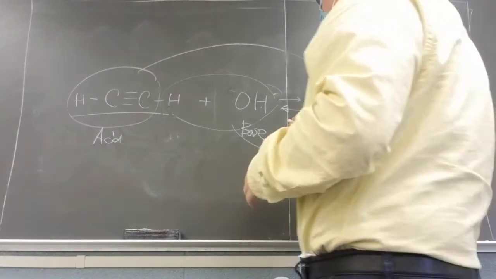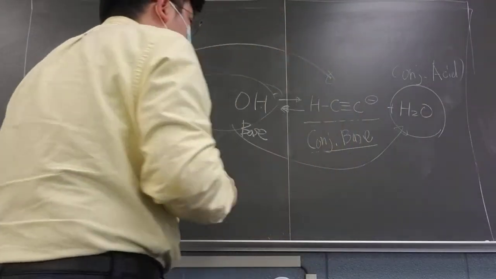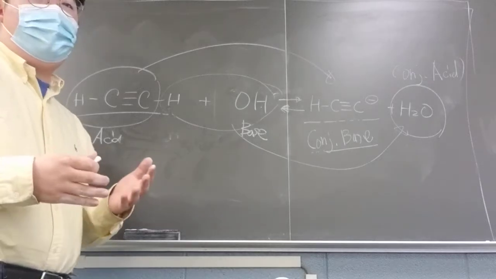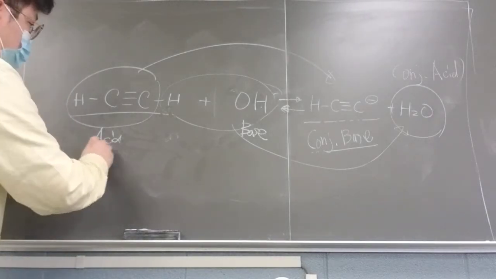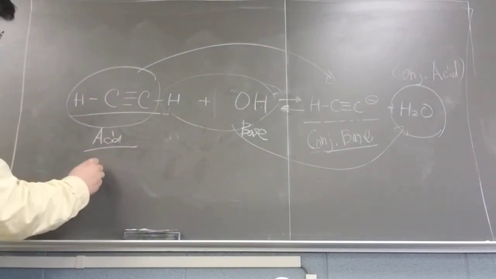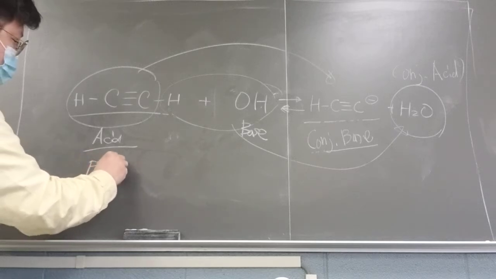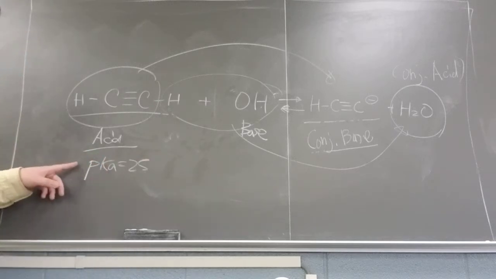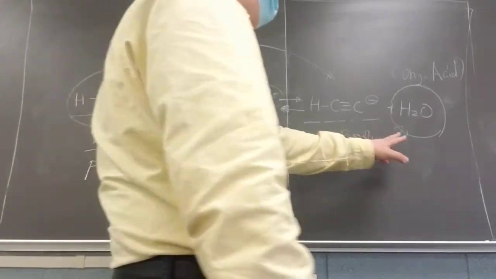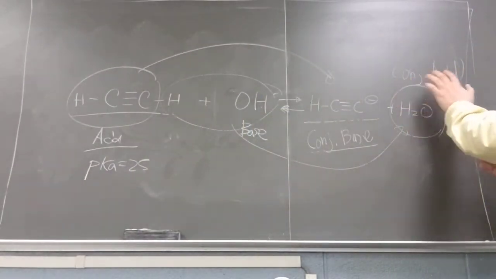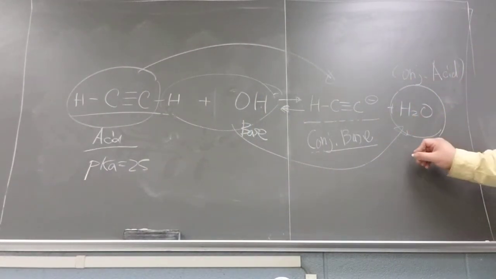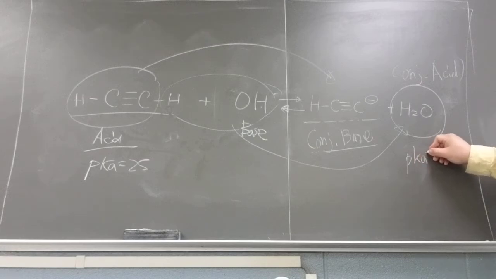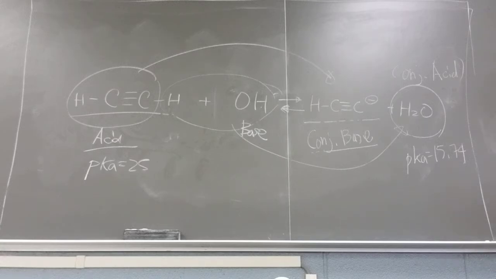This is what we wanted to know about the pKa. The pKa of acetylene is about 25. And the water, which is also your conjugate acid on the other side, has a pKa of about 15.74. Once again, you need to compare these two numbers.